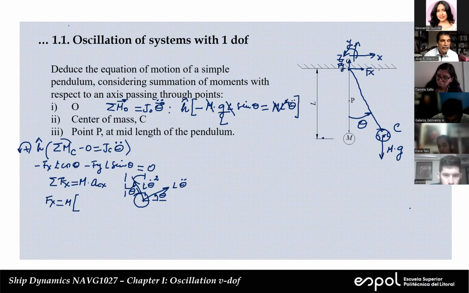Now in the x direction, I'm going to write it like this: this is the tangential acceleration of C, so it's this one here times cosine of theta. And here, this is the radial acceleration of C times sine theta. You have this expression, and you can replace it here. And in the other direction, you do the same.